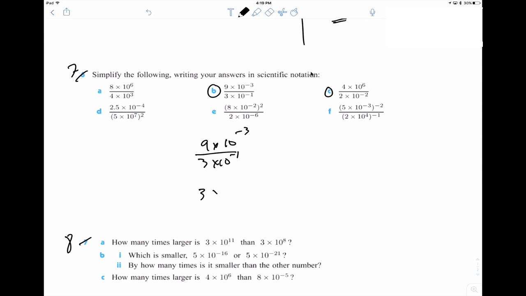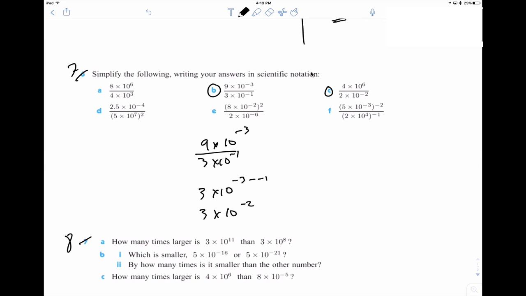When you're dividing bases with exponents, it's the exponents that are subtracted. So we have times 10 to the minus 3 minus minus 1. In other words, 3 times 10 to the minus 3 plus 1, minus 2.